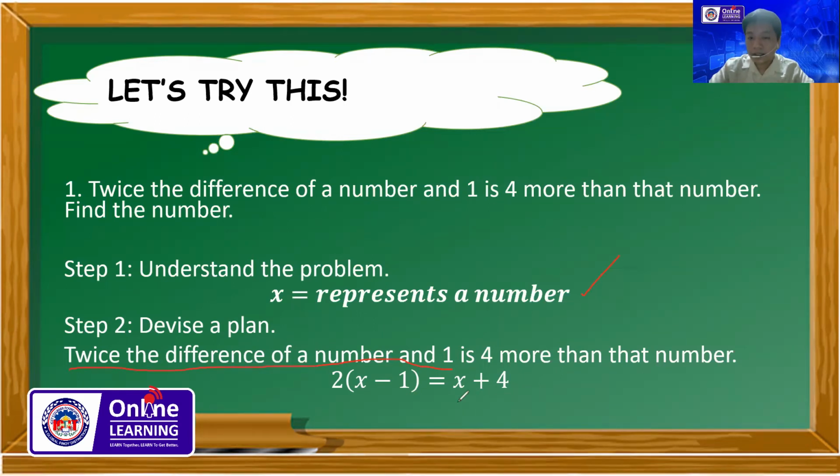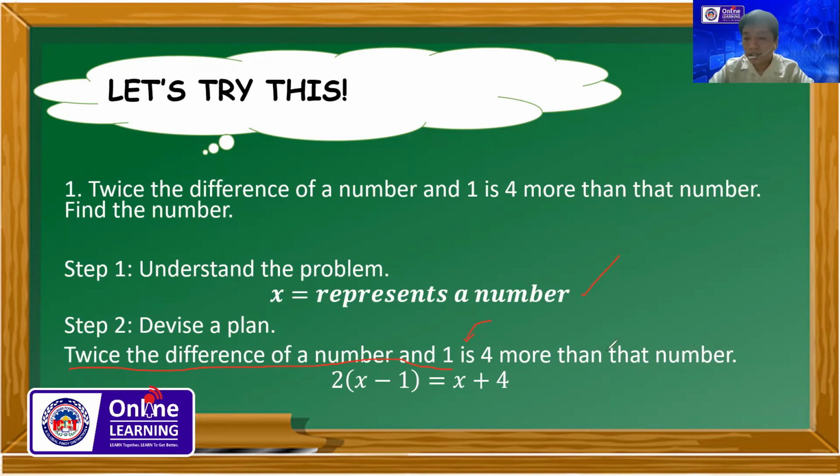Why is it equivalent to x plus 4? Because after reading twice the difference of a number and 1, we have the word is, which is represented by the sign equal. So it is equivalent to the variable expression that is equal, which is 4 more than that number.